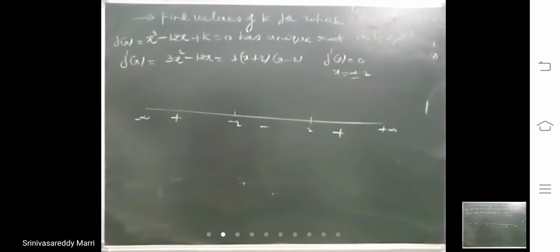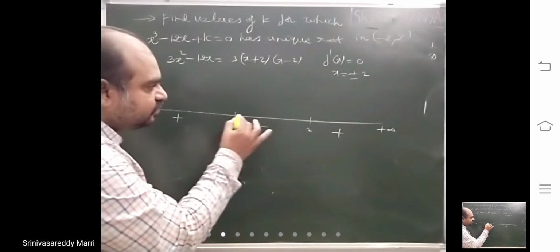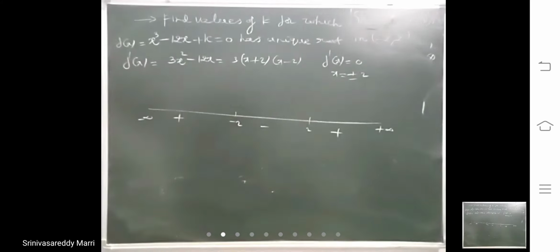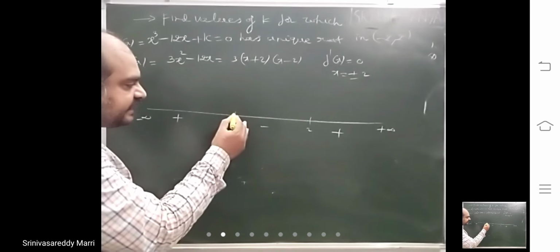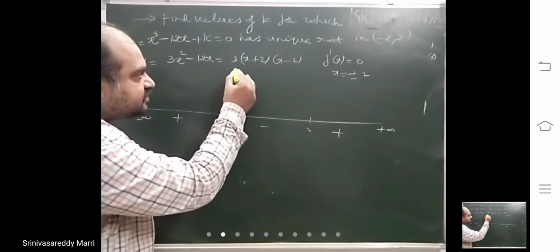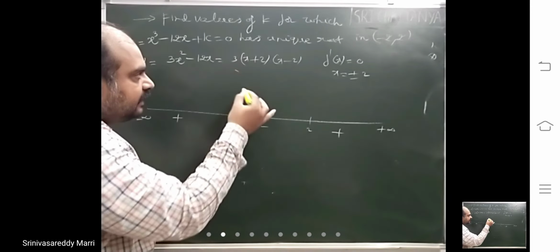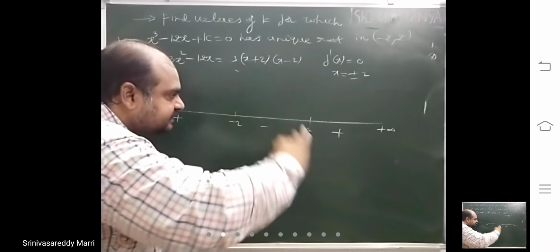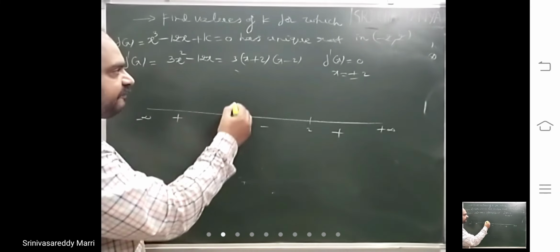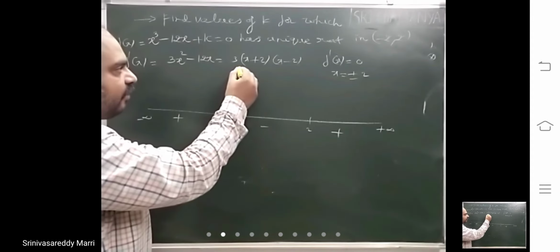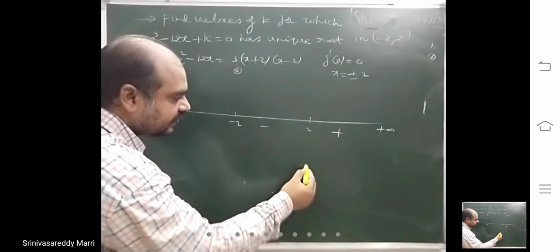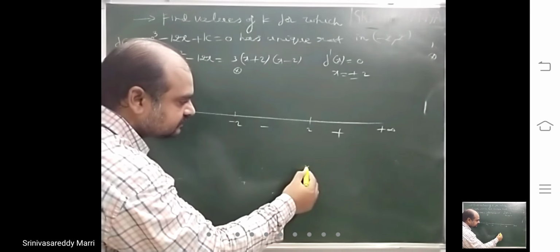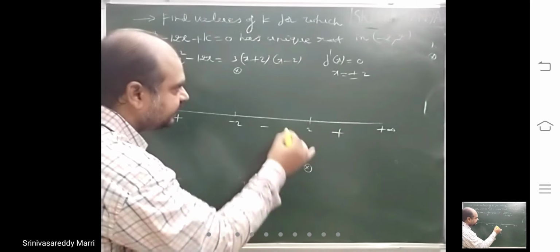What he is telling, there must be a unique root in minus 2 to 2. It is clearly decreasing. There must be one root, means f of minus 2 must be above. From top to bottom it must come, then only one root will be here.